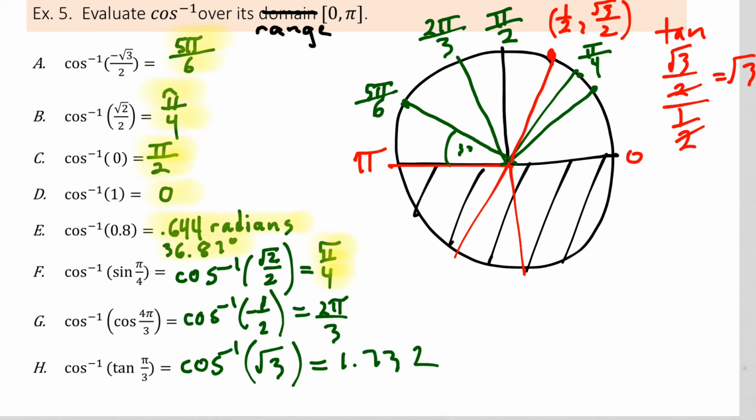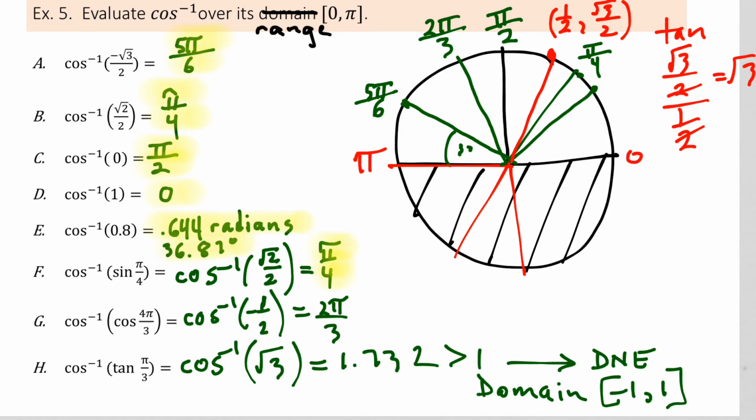All right, so that's greater than 1. So we're going to conclude that the inverse cosine of the tangent of pi over 3 does not exist, because all values have to be between -1 and 1 when we're talking about input to the inverse cosine function. So if you get something out of that domain, let me just write the domain down here, then your answer is does not exist.